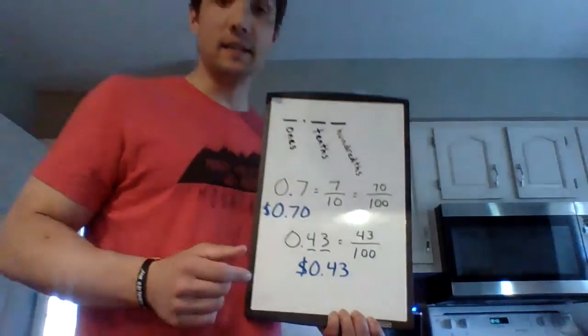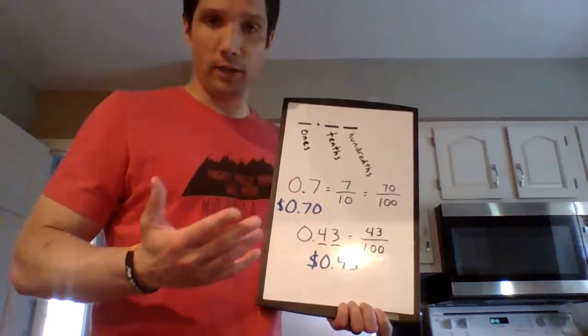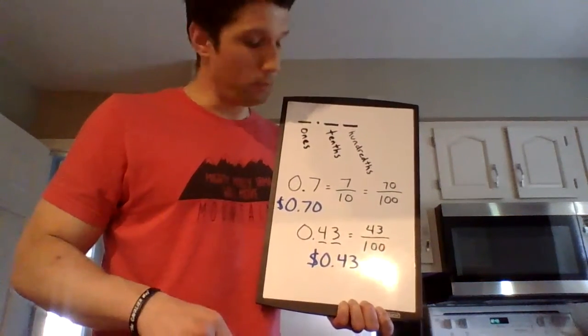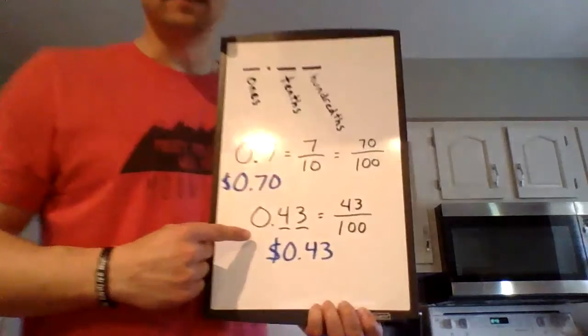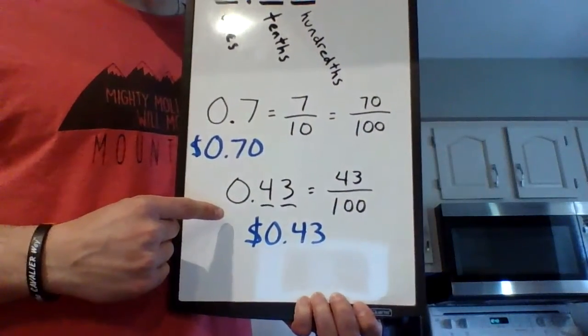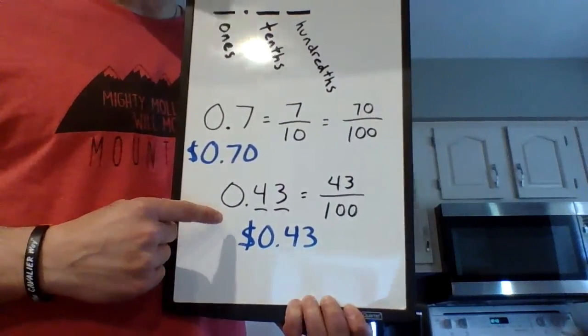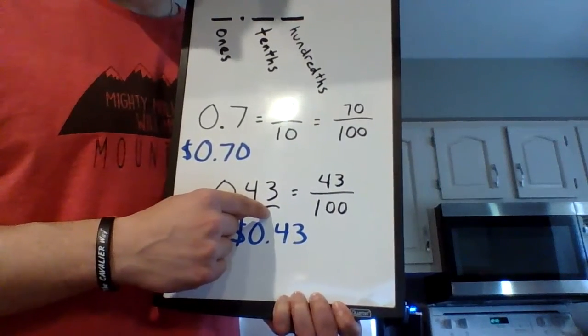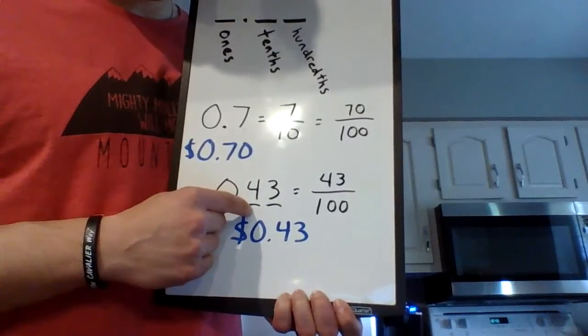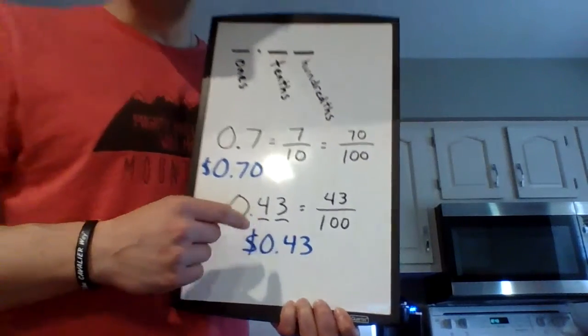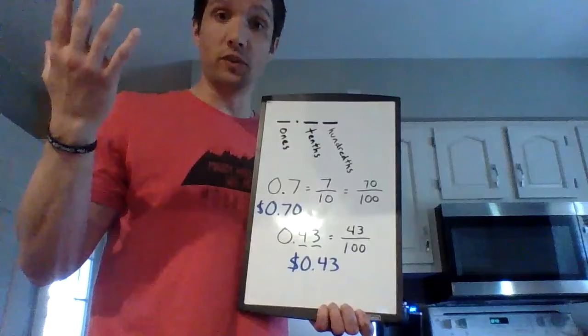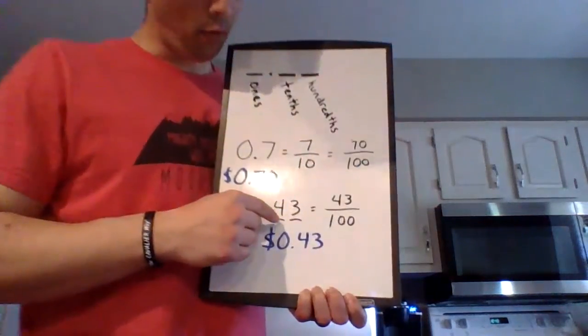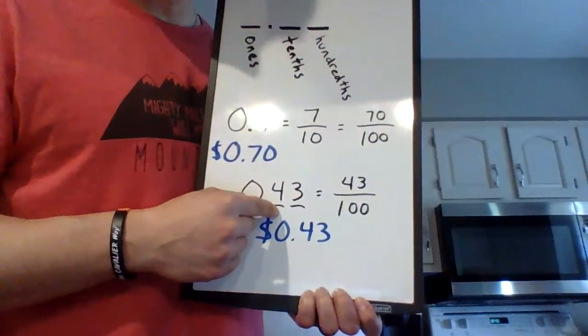The next example of a decimal is 0.43. I underlined the two place values of tenths and hundredths. Tenths we can think of as dimes, worth 10 cents, so 4 dimes would be worth 40 cents.